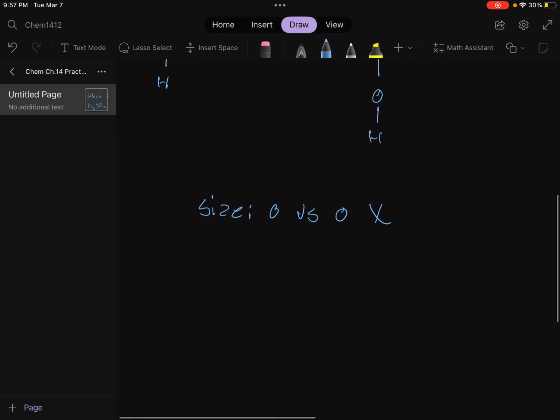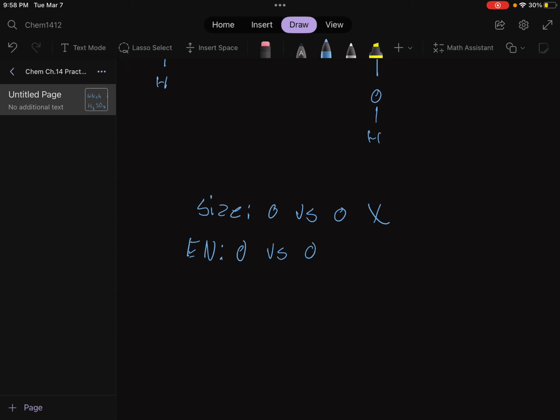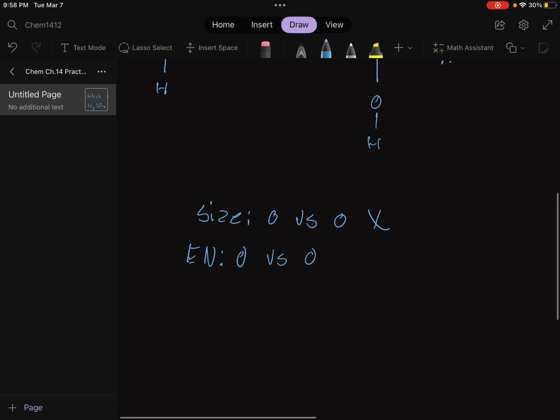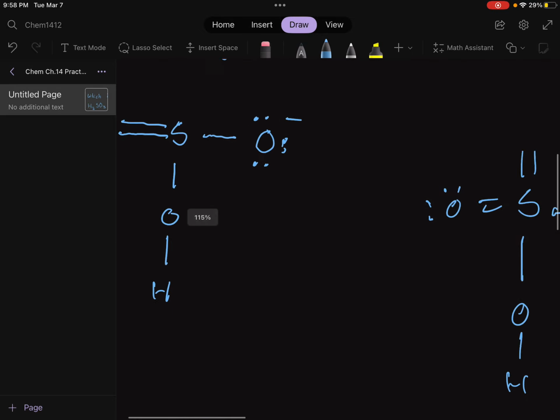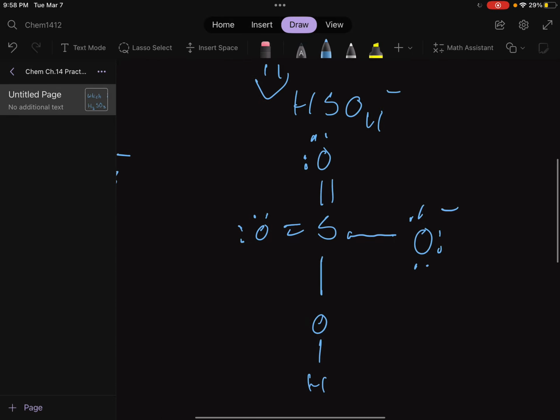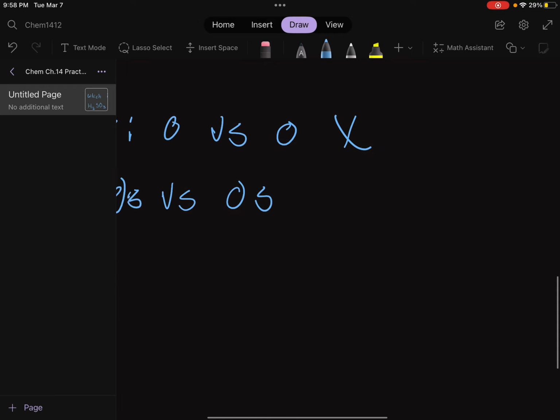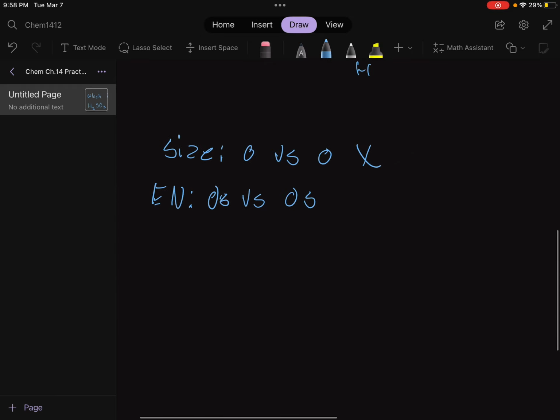So then we do electronegativity. Again, it's going to be O versus O once again, since these are the two attaching atoms right here, O minus versus O minus. And again, it's the same thing, so we can't base it off of this one, so this one's a no-go.